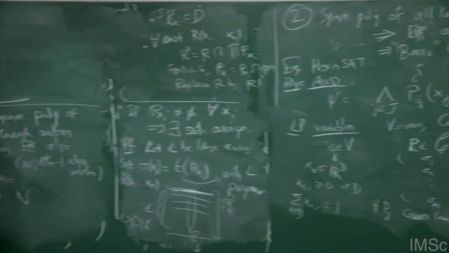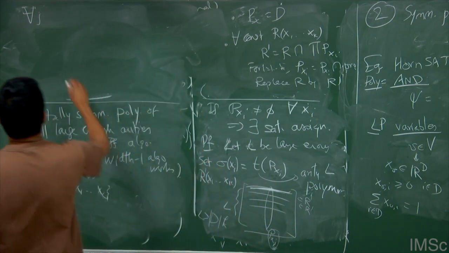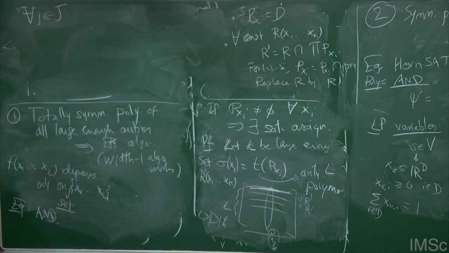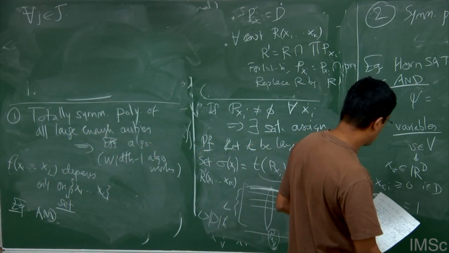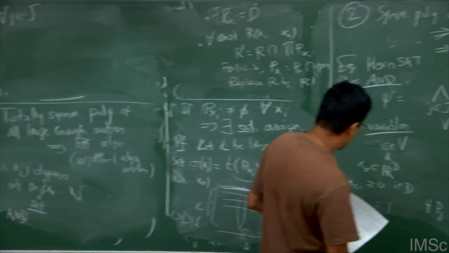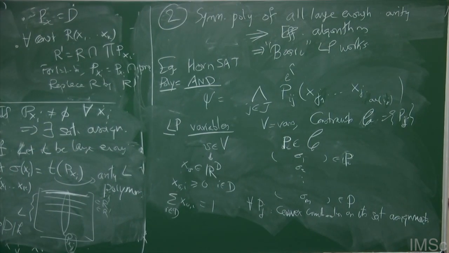Suppose you have an instance like this, the way I originally wrote it. So for all j in J, what I will say is that, oh, I see, there may be some confusion.